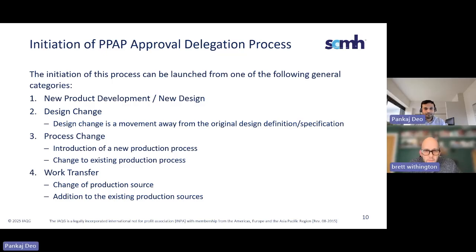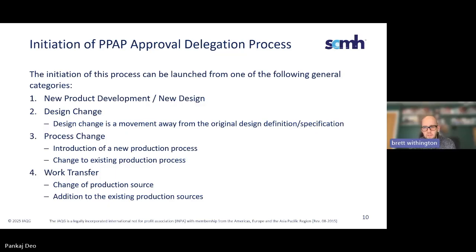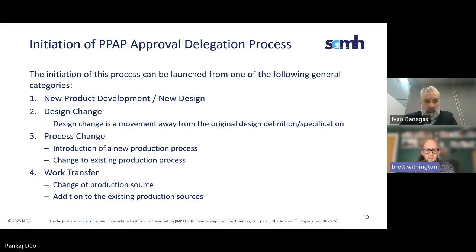Absolutely. Okay. So everybody, just to initiate this process, a change of some sort needs to be identified. We spent a bit of time as a team going through all the various types of changes that could occur, and we pulled them into four key categories.